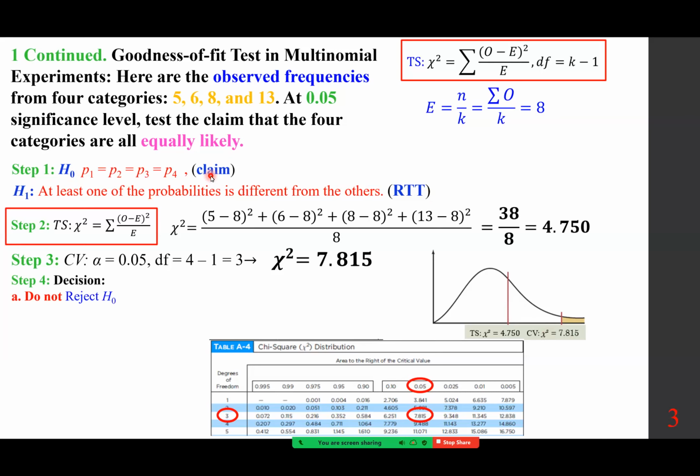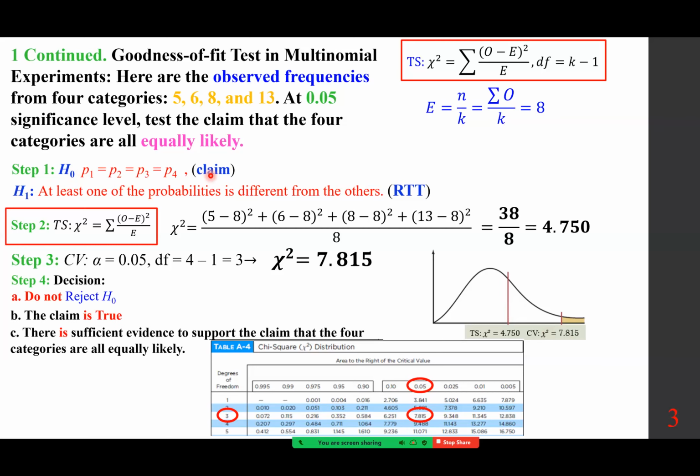The claim becomes true, and we restate the claim. There is sufficient evidence to support the claim that the four categories are all equally likely. So there is sufficient evidence for this claim.